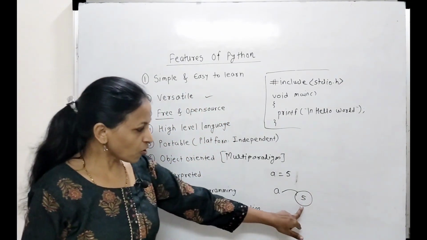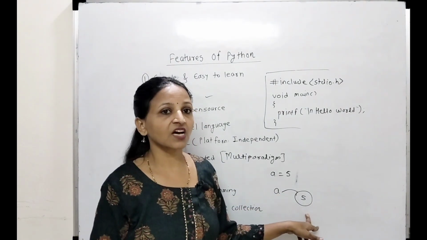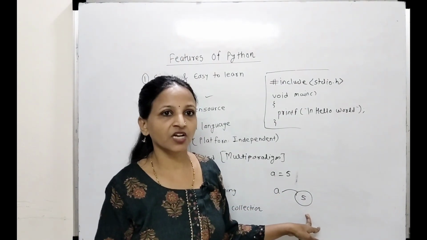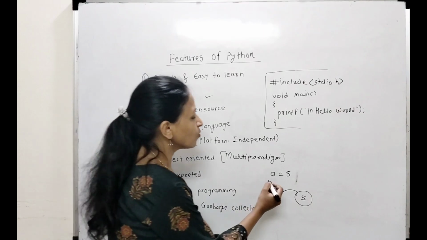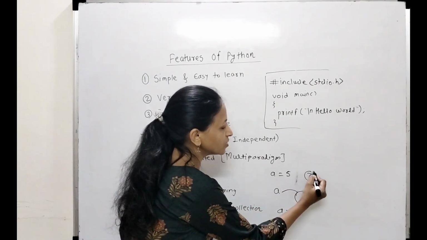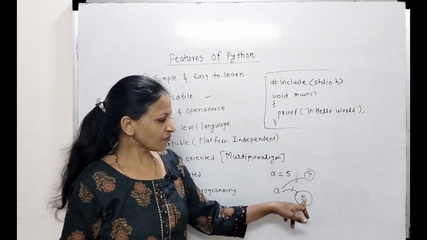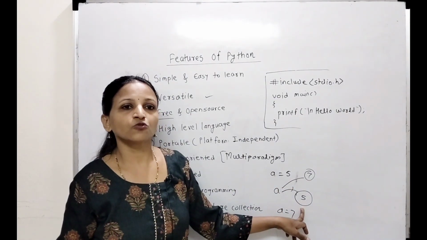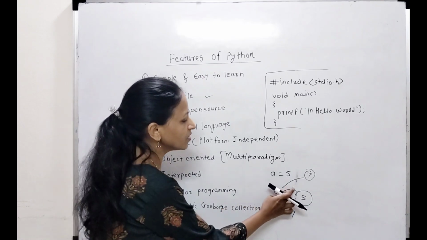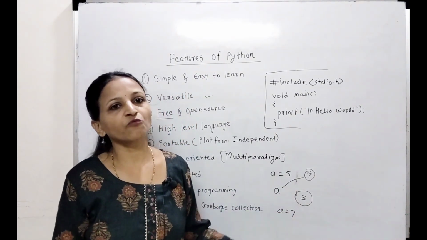And if any object does not have any reference associated with it, means it is now eligible for garbage collection. Suppose you have modified the value of a, like a equals 7. Now a is pointing to 7, not pointing or referring to 5. Now this has 0 references currently, and that's why it is eligible for garbage collection.